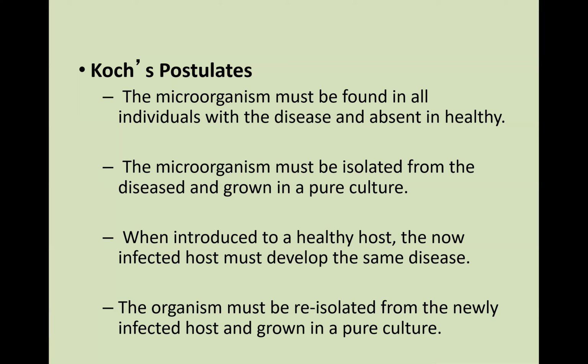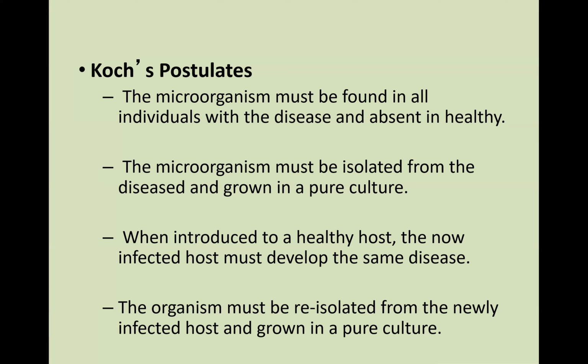Now the healthy host is going to get sick with that disease. And then once that host gets sick with the disease, it has to be re-isolated, meaning they have to take a culture again, and they want to make sure that that host has that same microorganism. So again, it's going to be grown in a lab, and it's going to be grown in a pure culture.